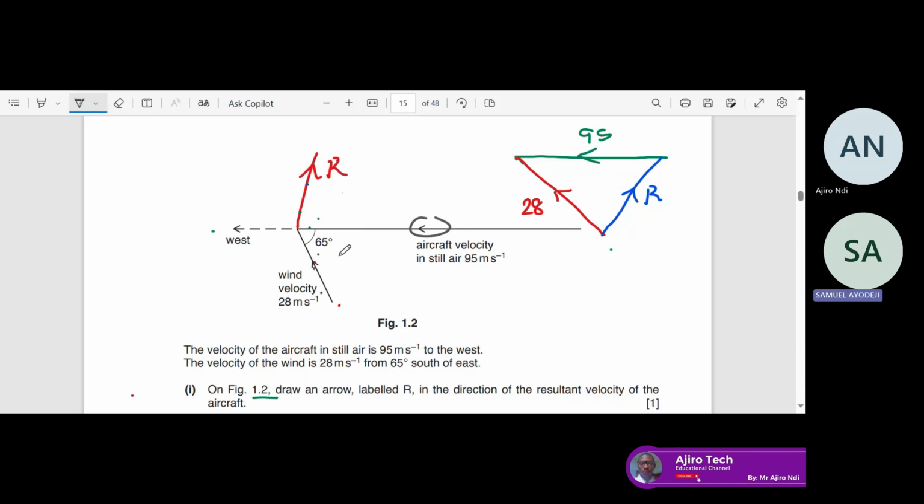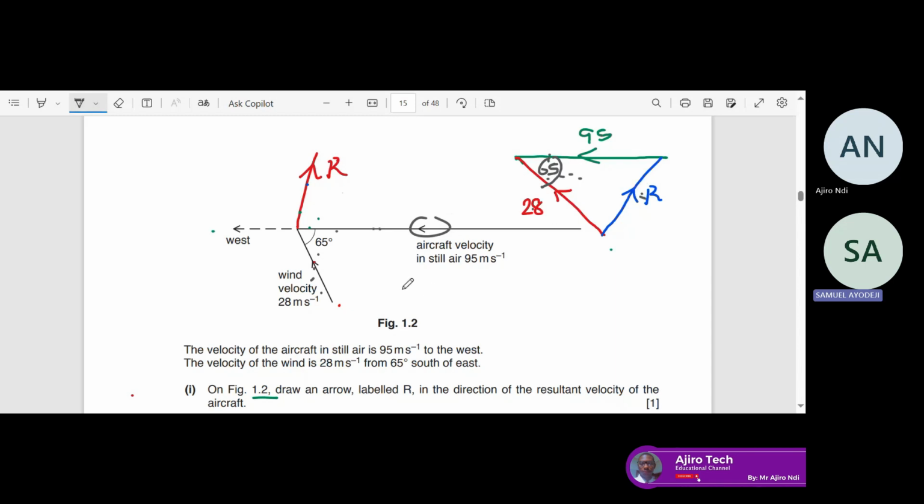So where will 65 be? Yes. Okay, fine, 65. The angle between them is 65. That's correct. You can see the angle between this and this is 65. So that's perfect. You are using the angle that faces the resultant force.